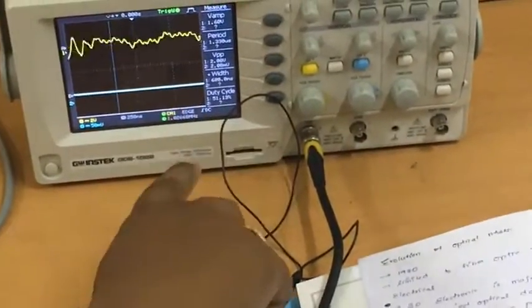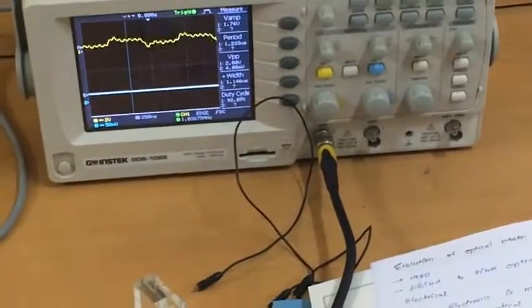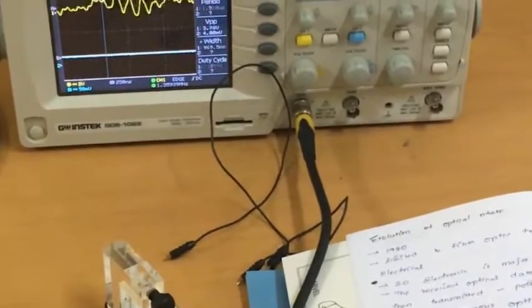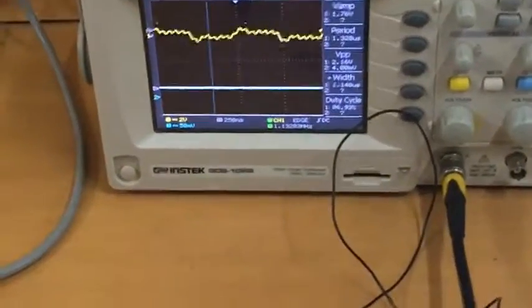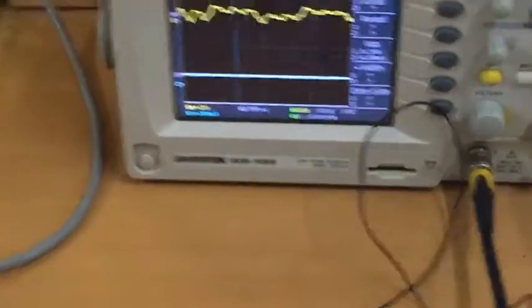Actually it is fluctuating, coming to 1 point something, then rising to some 3.3 volts, and now coming to 1 point something again. It is fluctuating, so while observing the reading, you have to stop it and take the reading.